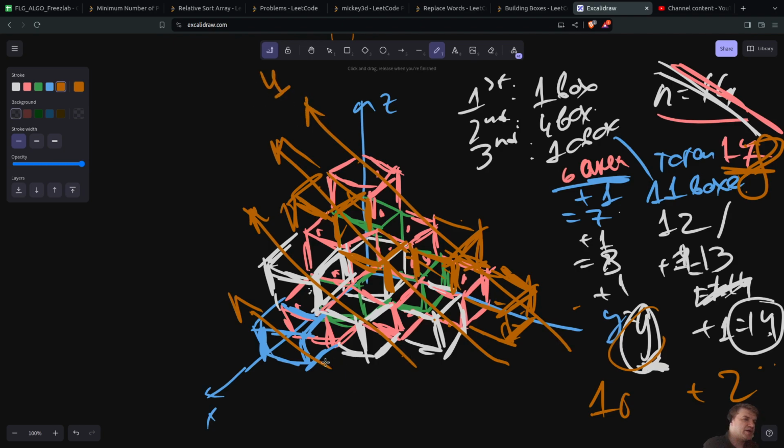And every time I add this kind of stripes of boxes, I start occupying +1 unit of area, because every stripe I add just occupies 1 unit of area, like this one.